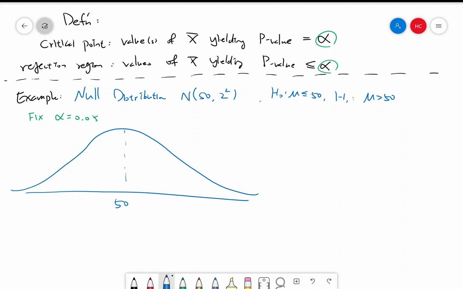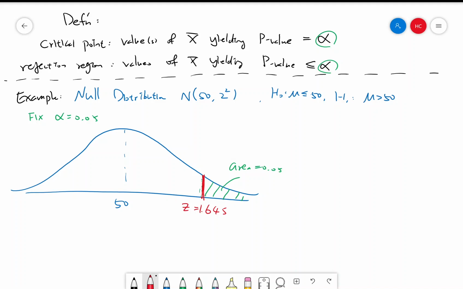So we want to calculate the value of x bar giving you p-value exactly alpha, which is 0.05. So basically we want to find a value here on the right that gives you area 0.05. But we have seen this before with one-sided confidence interval. If we want the area of the tail to be equal to 0.05, then this value here has to have z-score equal to 1.645.